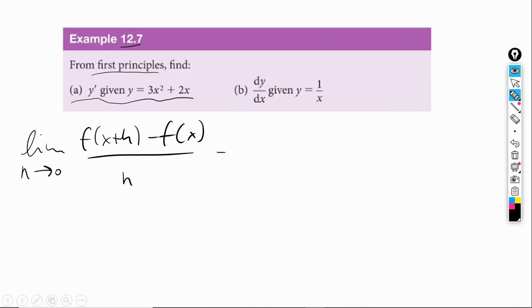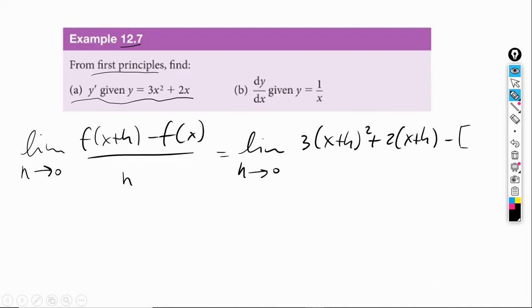And then in that case, it would be, again, limit as h approaches 0 of 3 times (x plus h) squared plus 2 times (x plus h) minus f of x. So that would be just 3x squared plus 2x. And all of this over h.